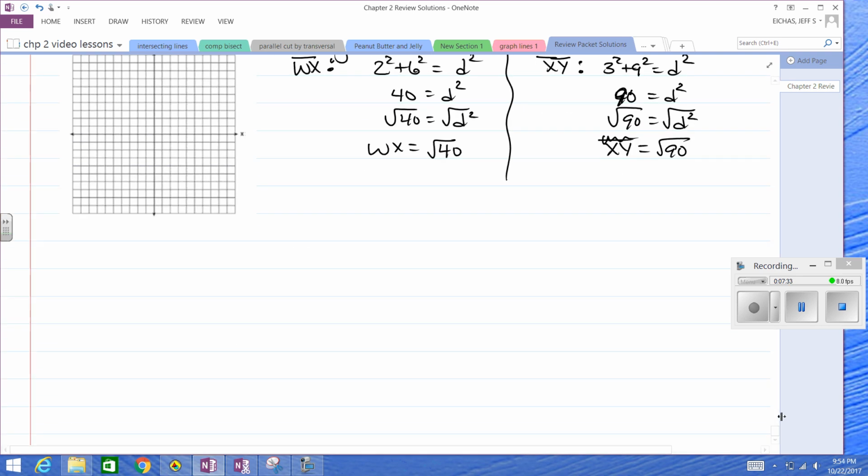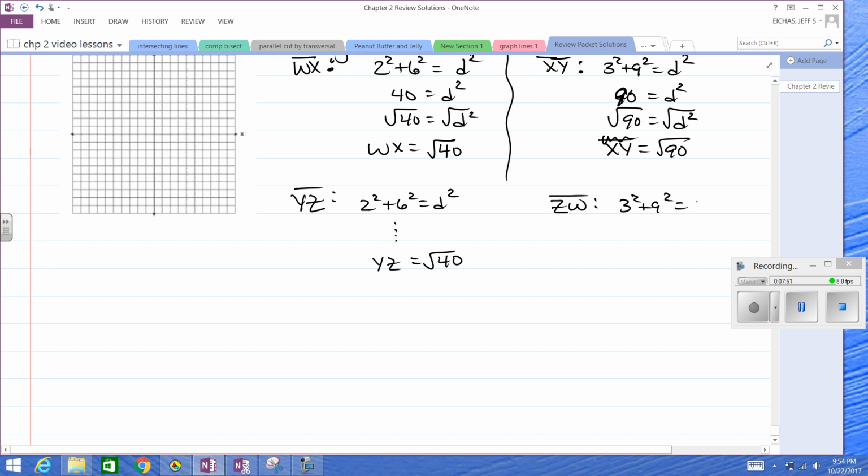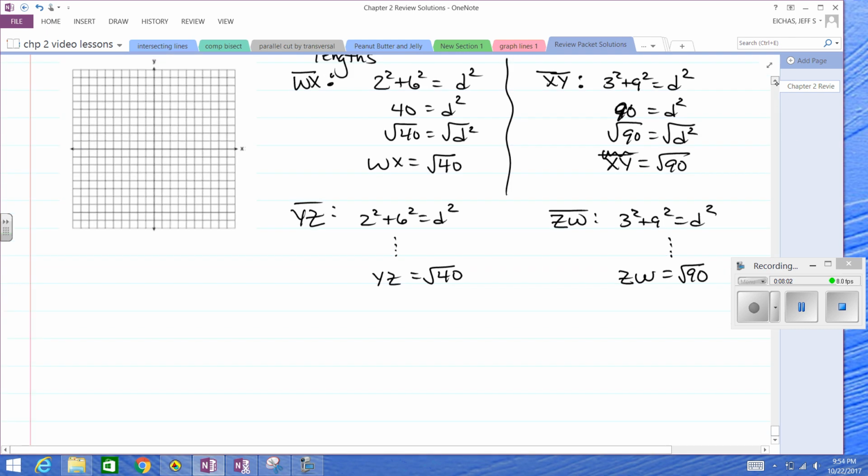Keep going. YZ. All right, that's back to this. And likewise for ZW. So ZW equals square root of 90. Okay, so that's the length of every side.